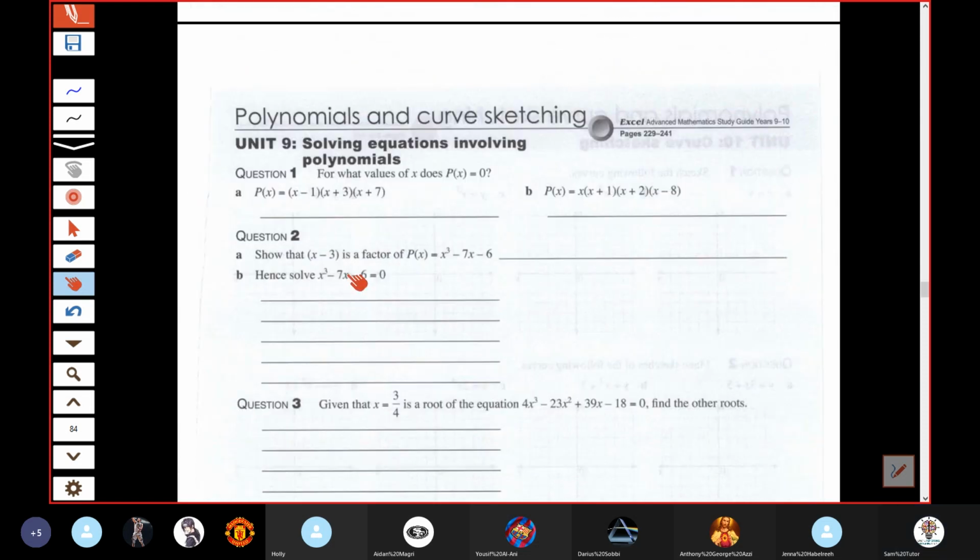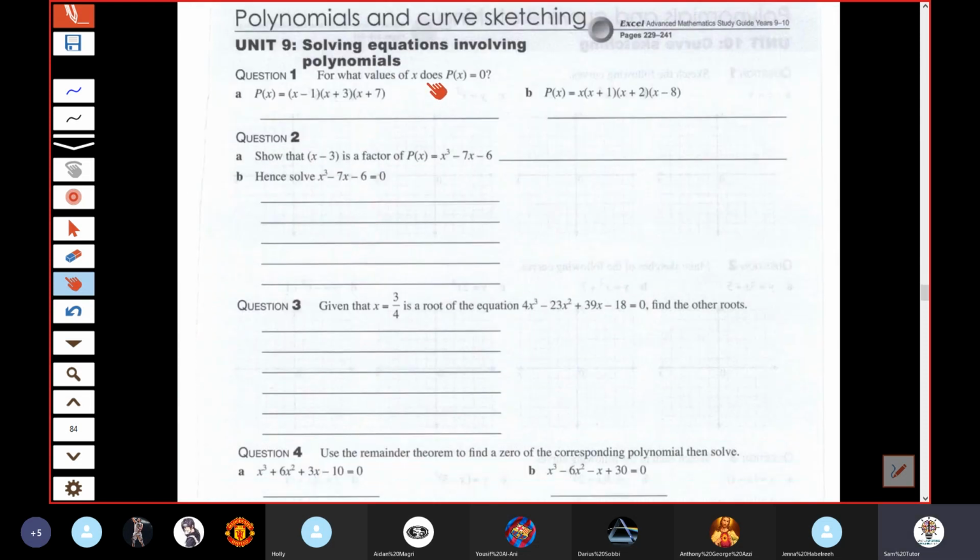Moving down. For what values of x does the polynomial equal 0? Just did that. 1, -3, -2. Show that this is a factor. How do I show something's a factor?